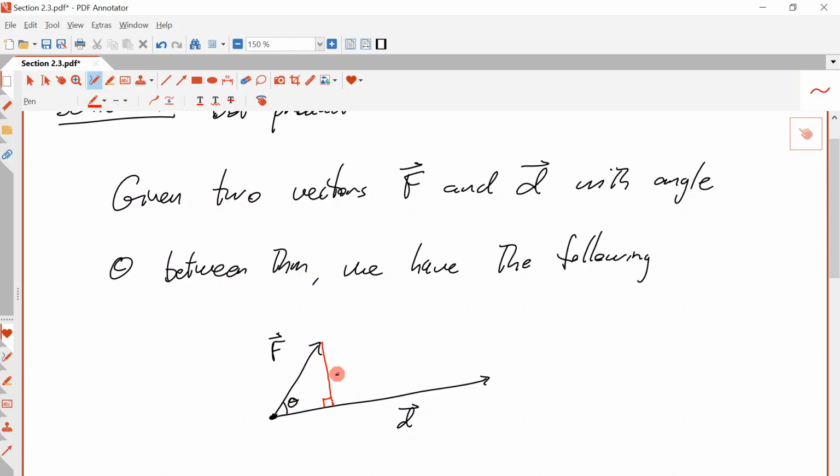Then this length right here is the length of F times, well, this is opposite from the angle theta, so this is length of F times sine theta. And this length down here, the other side of that right triangle, is length of F times cosine theta.